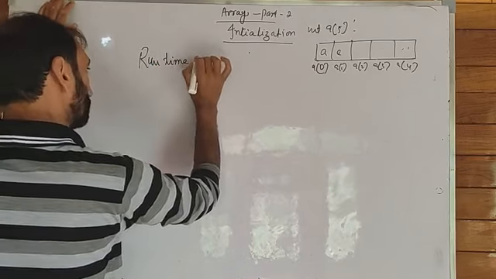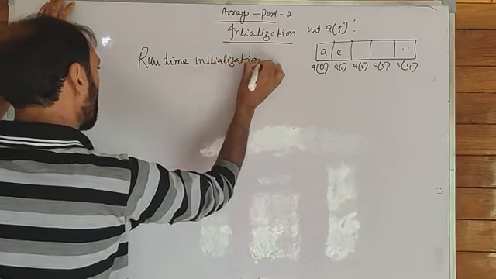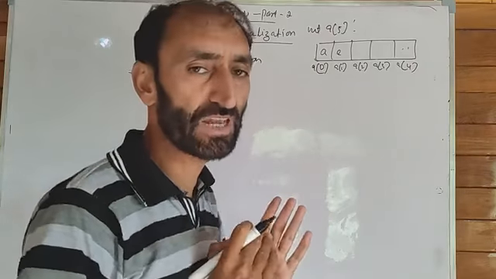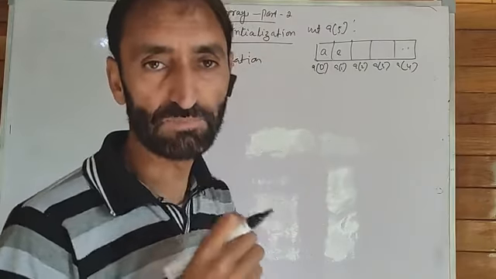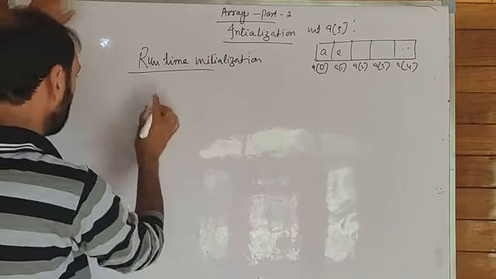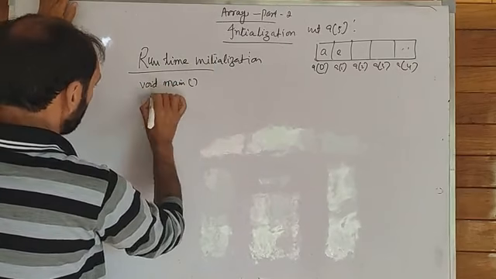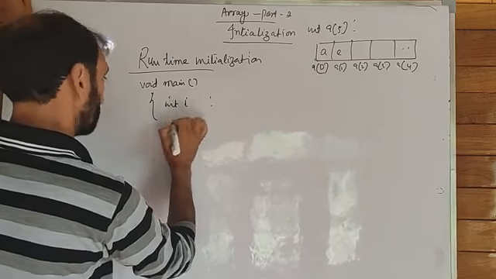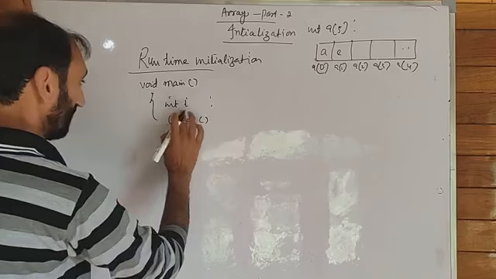So what is runtime initialization? In case of runtime initialization we are going to use some standard functions for initializing elements. For example, in the program we include the header file, then declare int i and an array int a of 5.